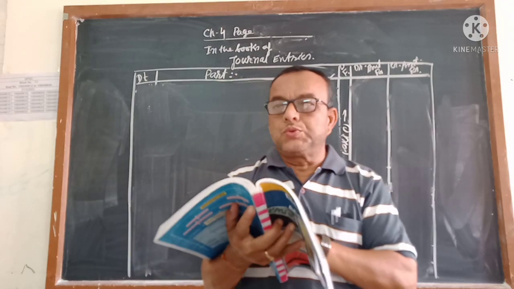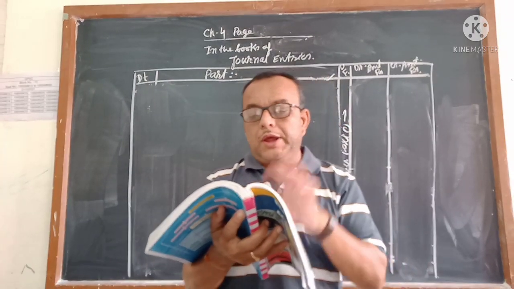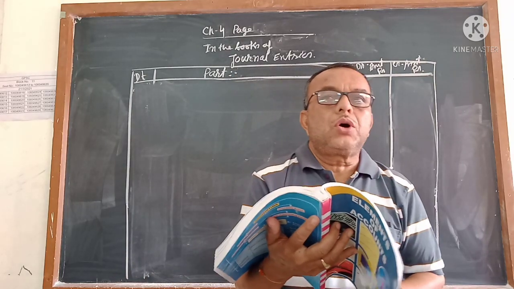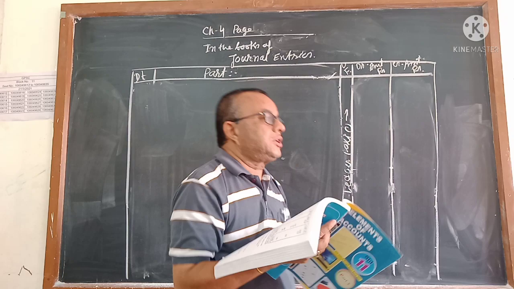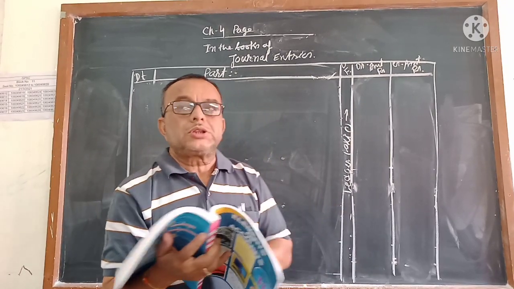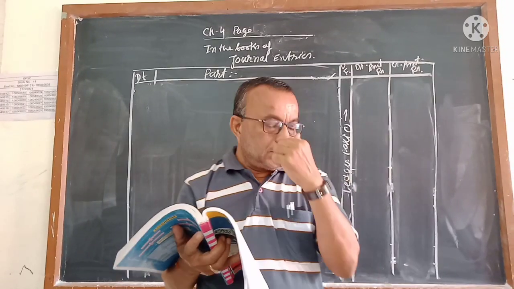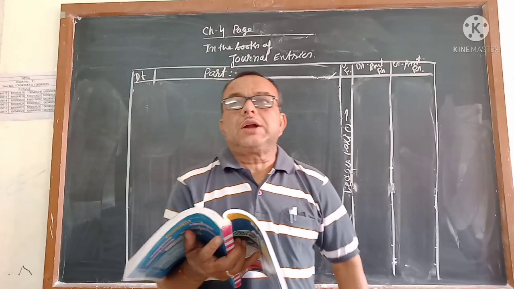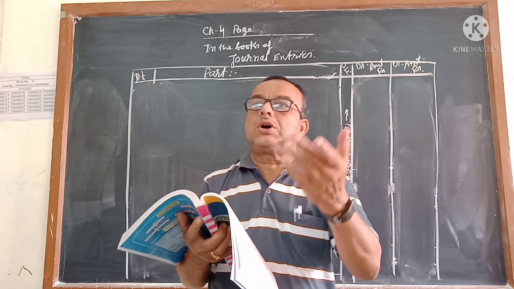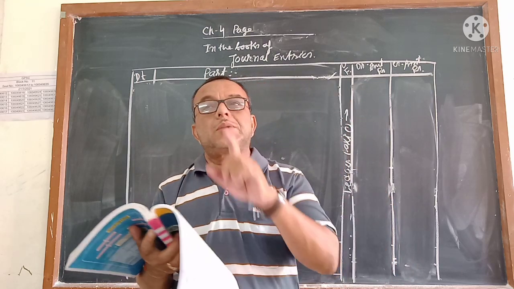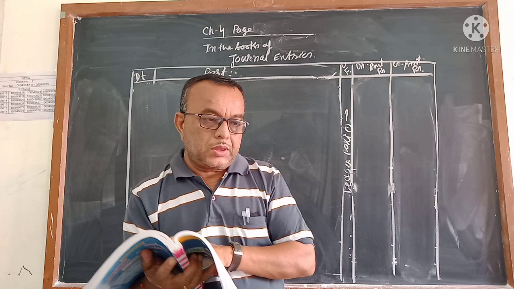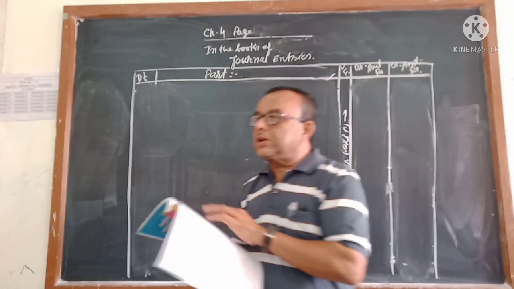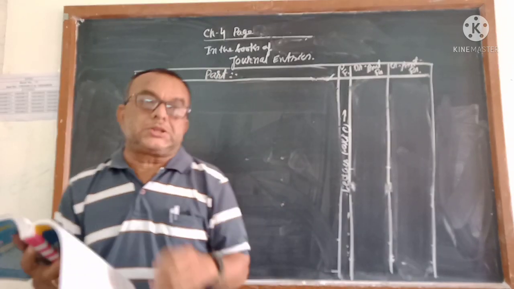This is the first book among the books you have to maintain. In the last video I taught you some questions from the exercise. When I taught the third chapter, you might have seen that I told you about GST. The third chapter was totally based on GST. There was no practical sum for GST, and the last video's journal entries were all without GST.